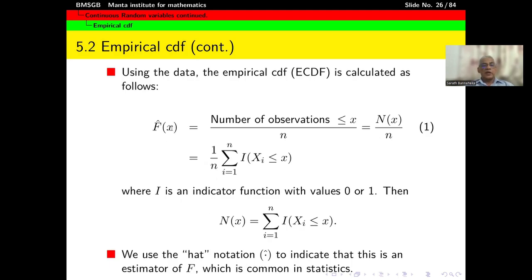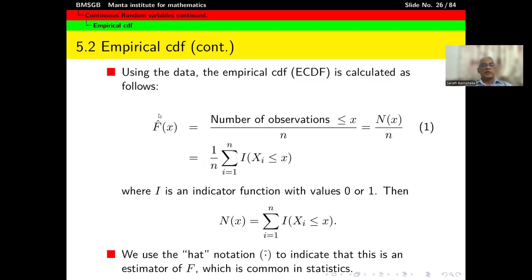In the definition, x can be any real number. If you take x to be any real number less than the first order statistic, then f hat x will be the number of observations less than or equal to that x divided by n. But that number will be 0, because this x is less than the minimum observation in the data set.